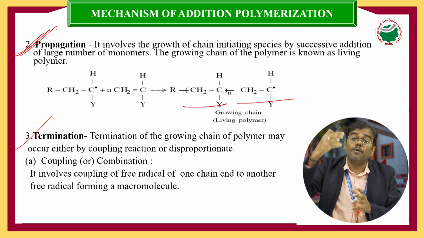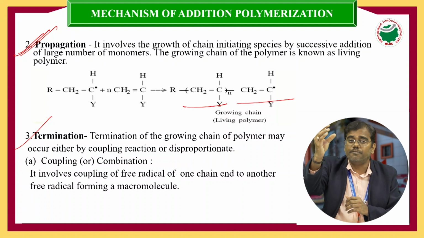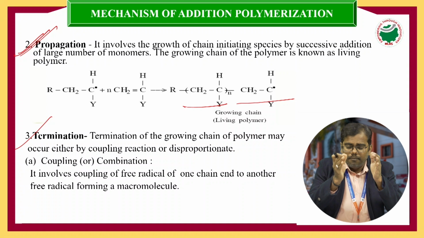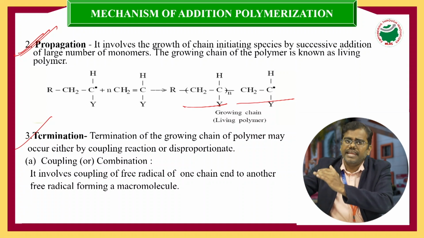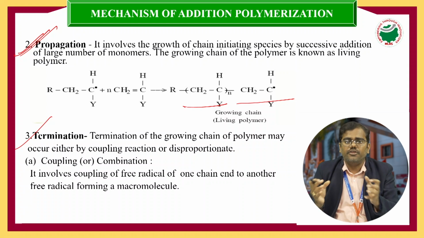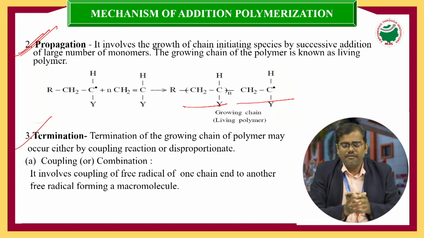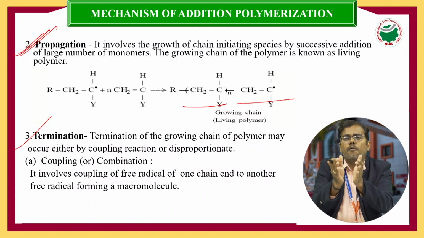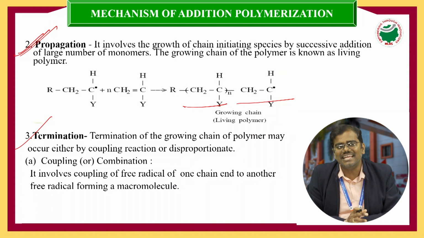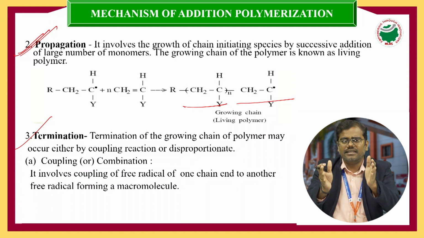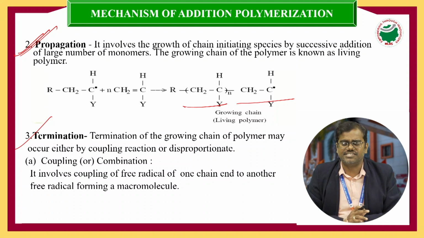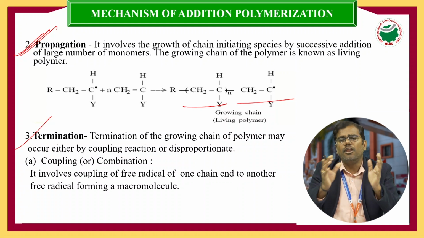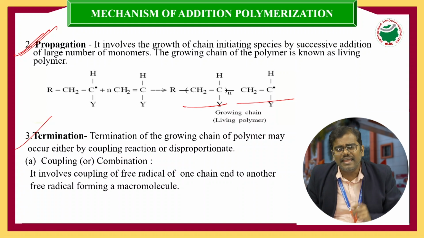In the propagation step, the chain initiating species keeps growing. In coupling, you take two chain initiating species and combine them with each other, and a new bond forms between the two chain initiating species. Finally, the polymer has no more reactive sites, so the polymer ends. A dead polymer is formed. That we call the coupling reaction.